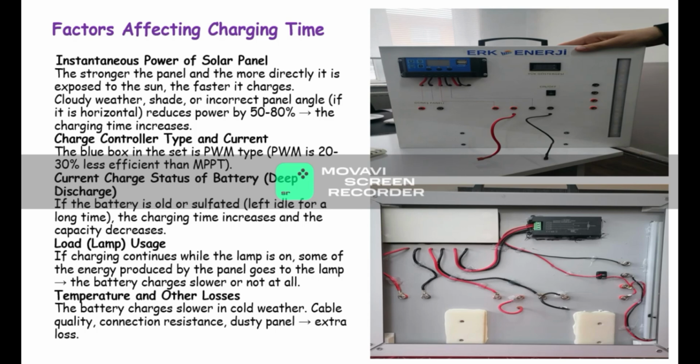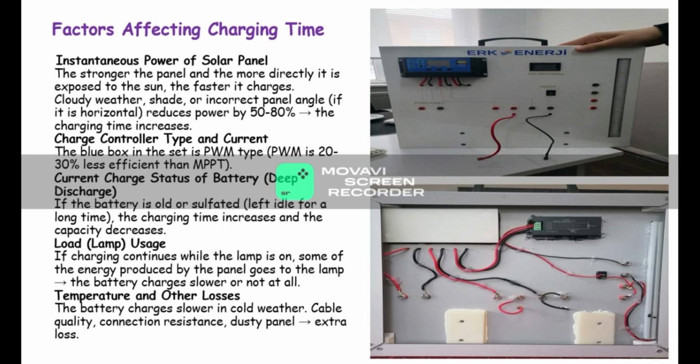Current charge status of the battery, which we can also call deep discharge. If the battery is old or sulfated, or left idle for a long time, meaning it is not at work for a long time, the charging time increases and capacity decreases.